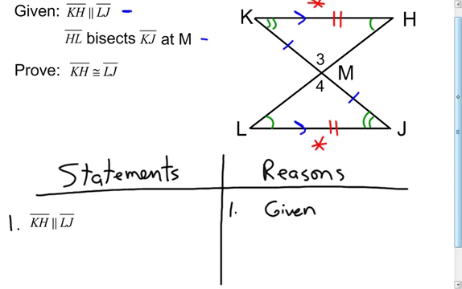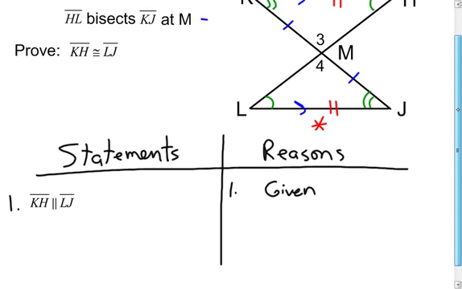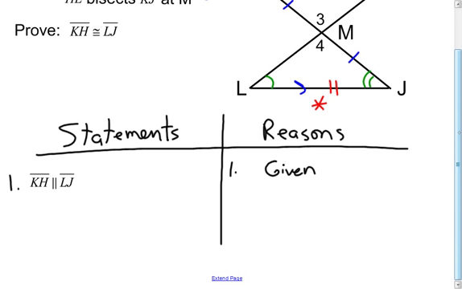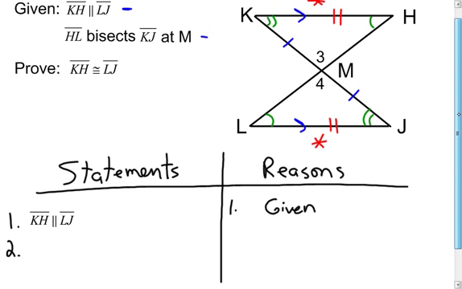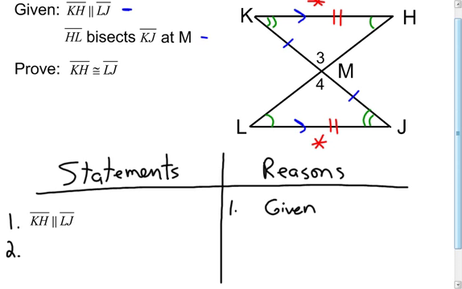Now I'm going to continue on. Because I knew that those lines are parallel, I'm going to go with the things that I was able to figure out because of that. So step 2, remember I said that I'm going to go to the single arcs. Angle H and angle L are going to be congruent.